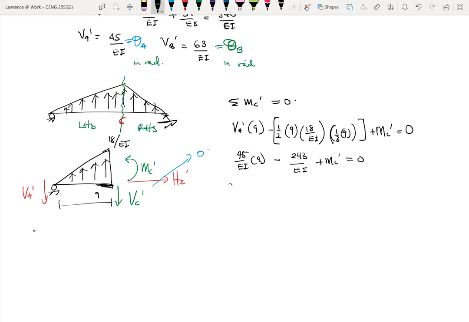So here our MC prime is simply 243 over EI minus, I think this is 405, over EI. And that should give us minus 162 over EI. So our MC prime is equal to negative 162 over EI.